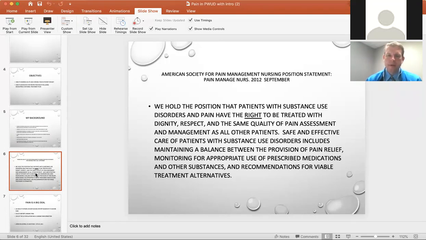As providers, that's one of our top jobs, and that applies to all patients, including patients with a substance use disorder. That can be a challenge, but we have to rise to the challenge. We really need to be able to assess and approach these patients in a reasonable fashion.